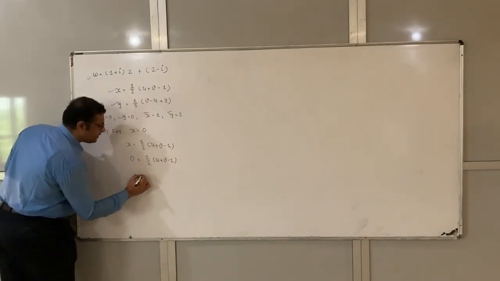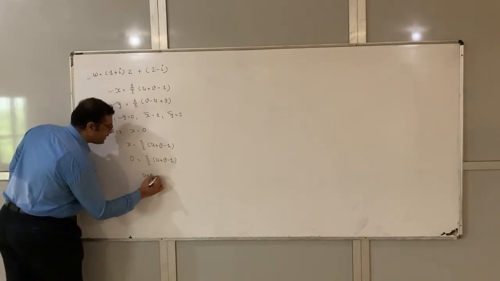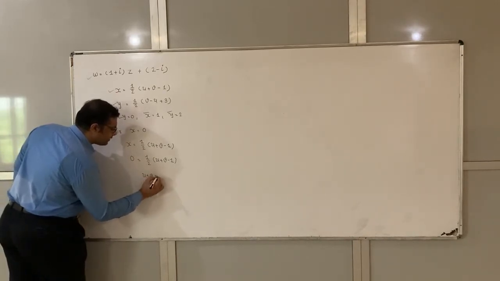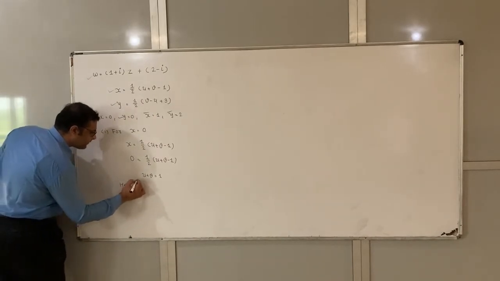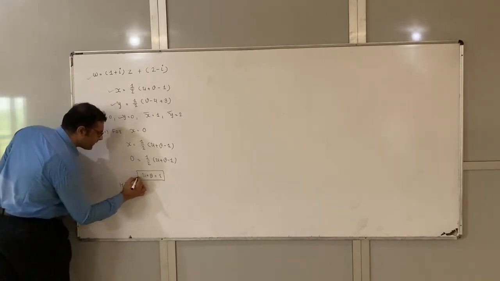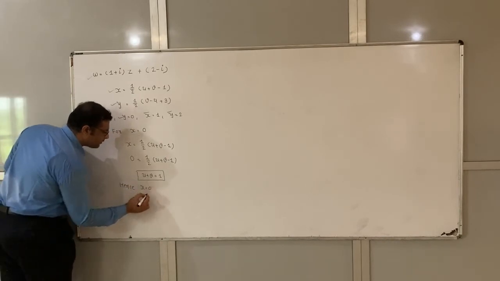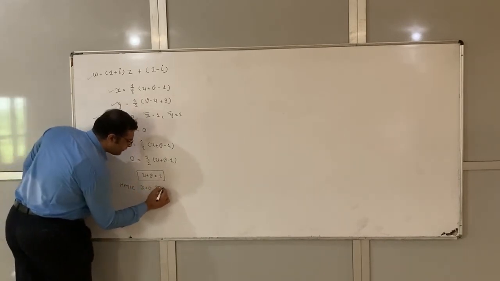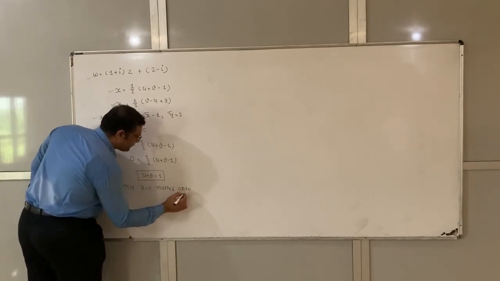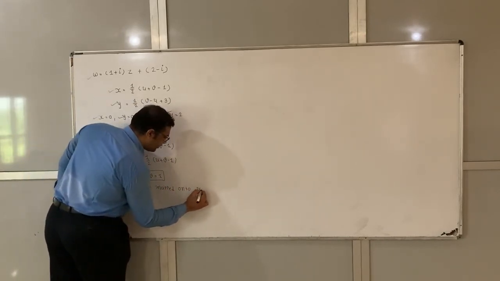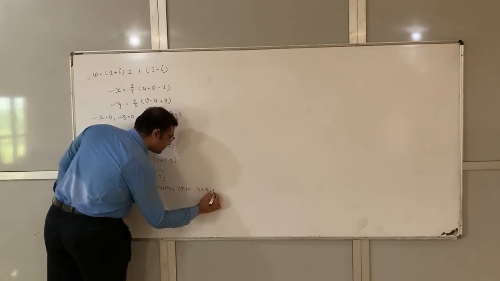On simplifying this, you will get u plus v is equal to 1. Hence x is equal to 0 maps onto u plus v is equal to 1.